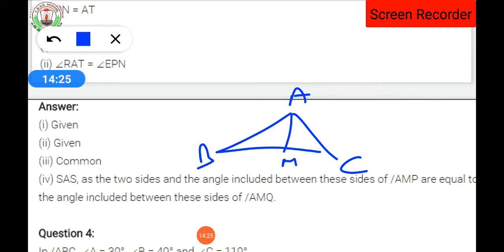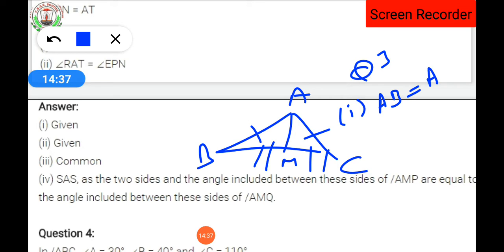Here AB is equal to AC, BM is equal to CM. In question number 3, the condition is given that AB is equal to AC. So here we will write the reason as given. Then in the second part it is given that BM is equal to CM. So that is also given in the question.